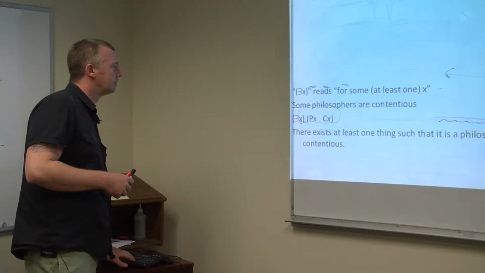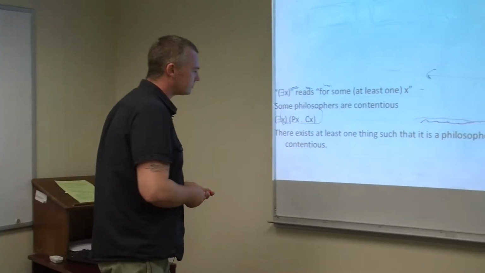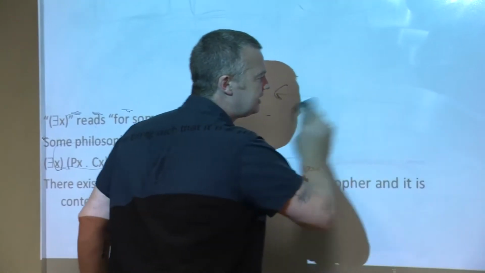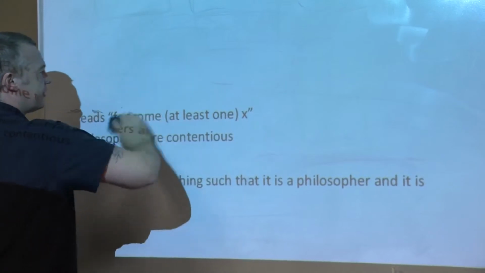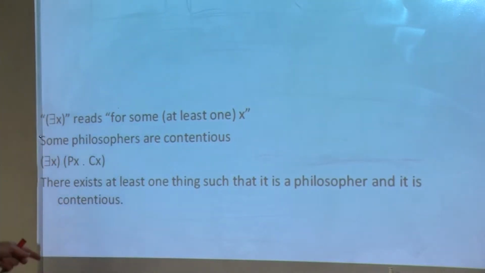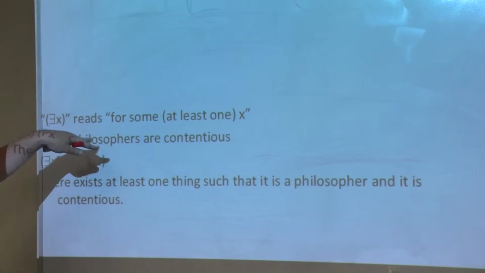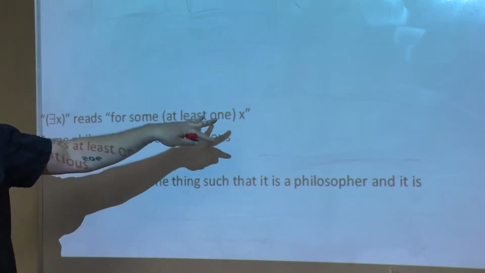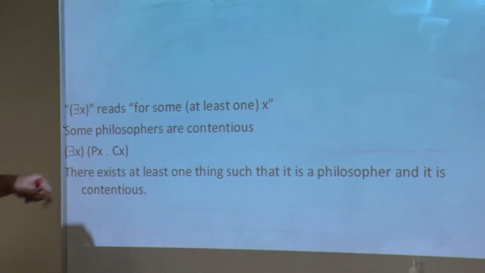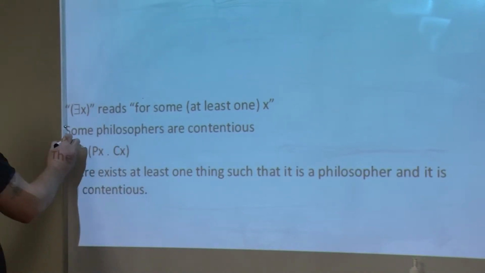Okay, so let's take a look then at the interdefinability of these two quantifiers. So we saw this guy here, the existential quantifier, the backwards E. We saw that it reads, for some or for at least one x, blah, blah, blah. We saw, for example, that if you had it embedded, you'd have something like this.